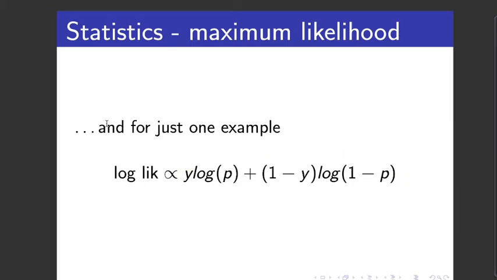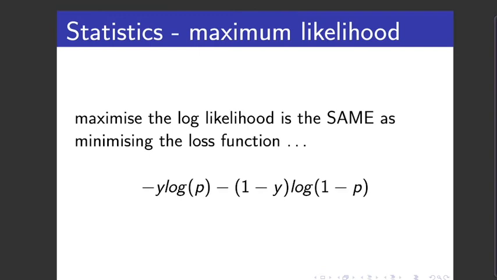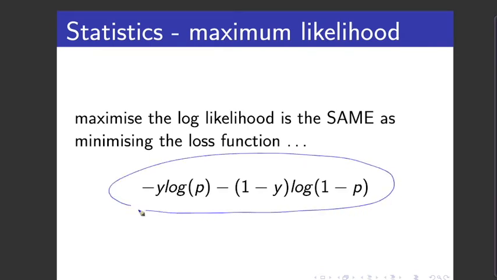Now, instead of maximizing this log likelihood, we could minimize minus this function. Why would we want to think about this in terms of minimizing it? Because in machine learning, we always think about minimizing a loss function. So let's put a minus in front of this and call it a loss function which we want to minimize. Here we have it. Here is a proposed loss function.